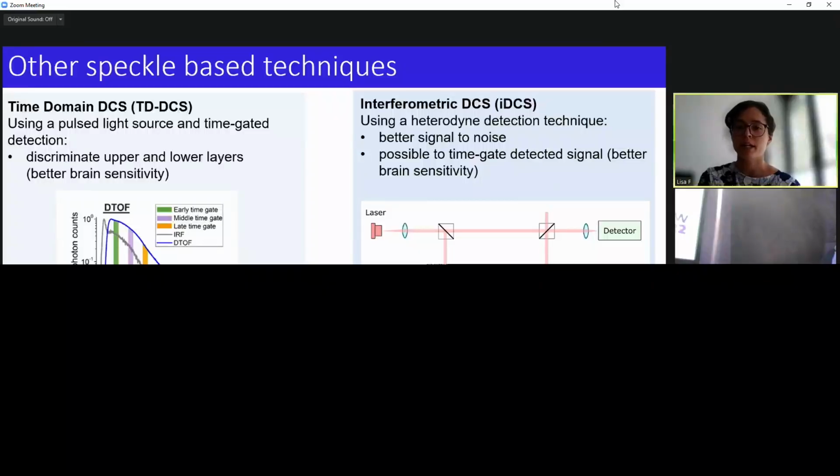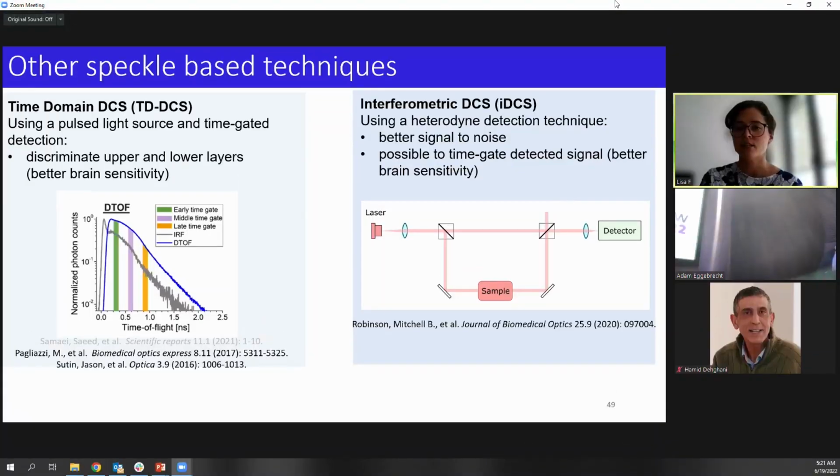And then more recently, there have also been publications on interferometric DCS, or IDCS, where a heterodyne detection technique is used. This allows for a better detected signal to noise, as well as the possibility to time gate the detected signal, which means that, just like with time domain DCS, there will be an increased brain sensitivity.